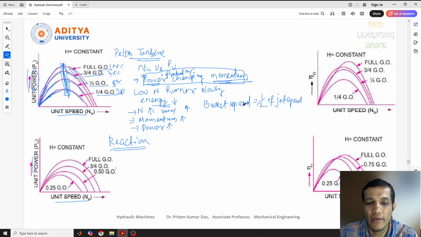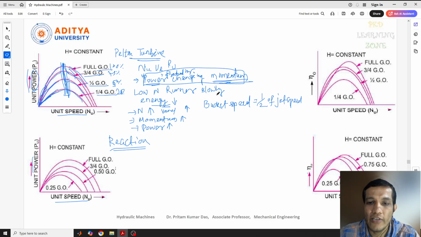As I told you, the bucket is moving very fast as it is attached to the runner, but the bucket cannot be properly struck by the jet, due to the very high speed of the runner.